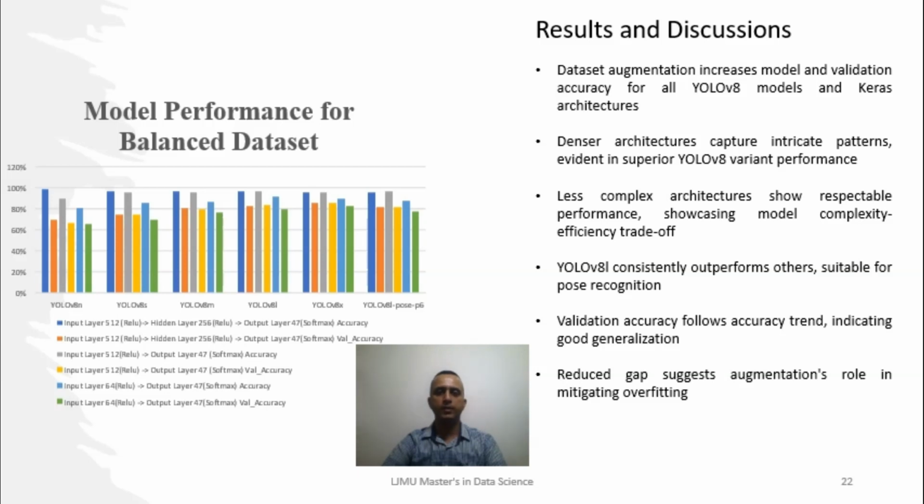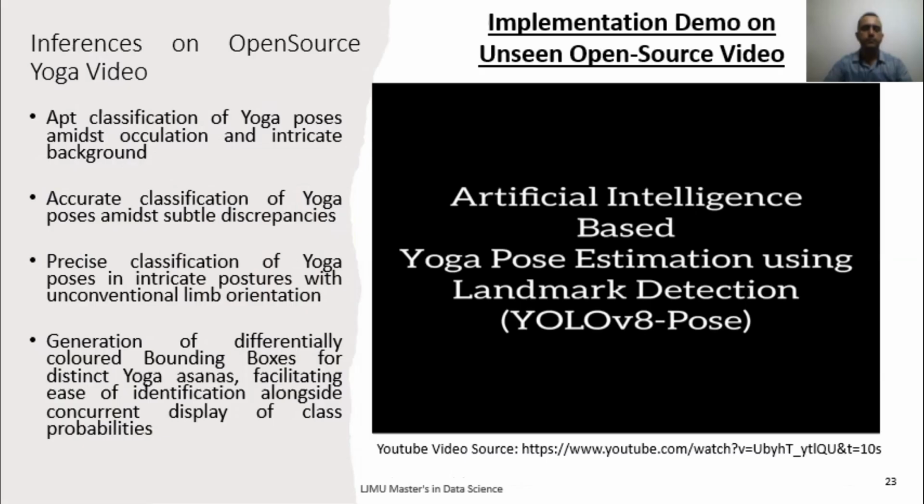Less complex architectures display respectable performance, showcasing the model complexity efficiency trade-off. YOLO V8L pose model outperformed other YOLO V8 variants in this case also. Validation accuracy was observed to follow the accuracy trend, indicating good generalization. The reduced gap suggests data augmentation's role in mitigating overfitting.